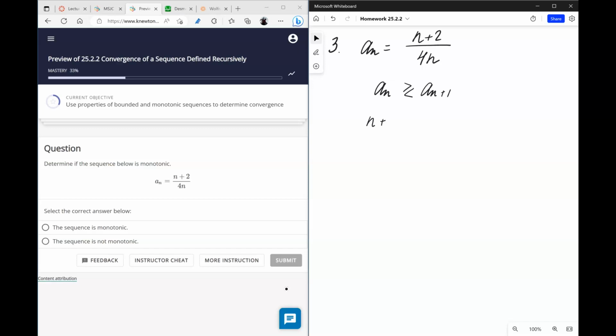I'm not sure if I'm going to go for increasing or decreasing, so I'm just going to compare the nth term with the n plus 1th term. I'm just going to replace n with n plus 1 and see what happens. So again, we don't know what's going on here.